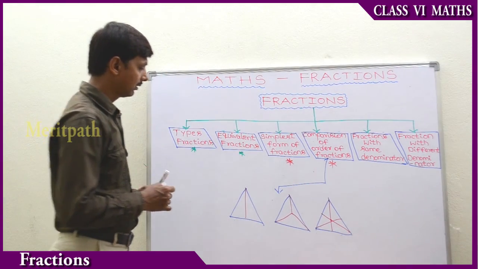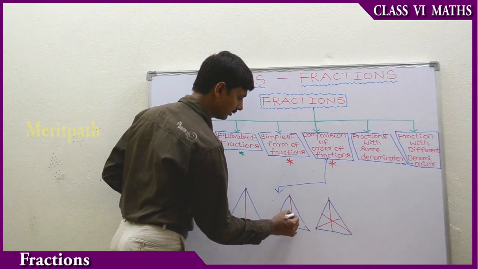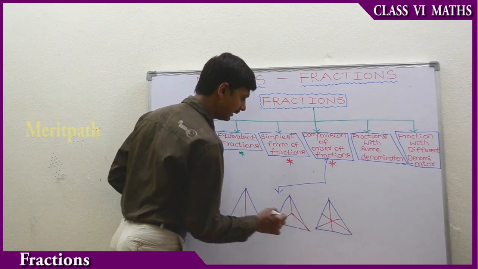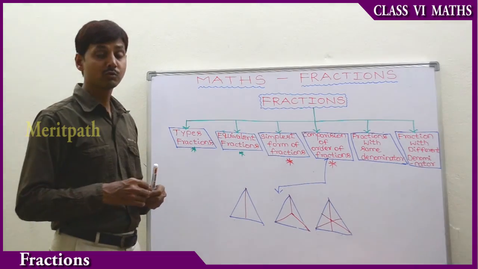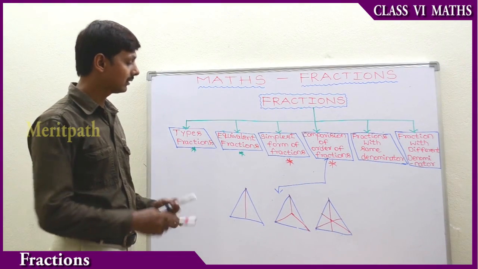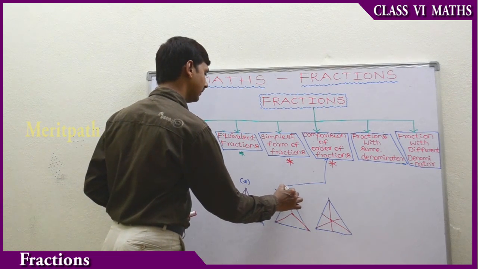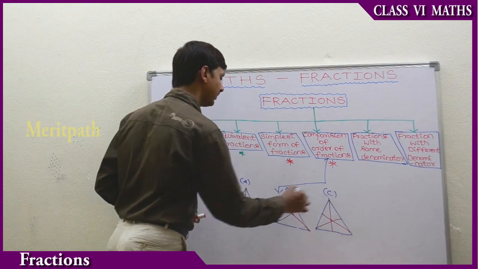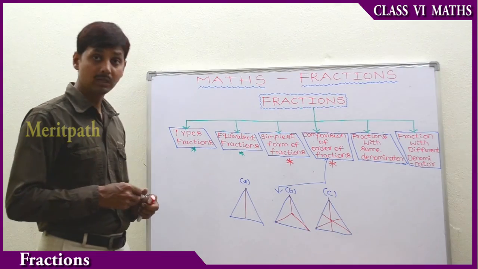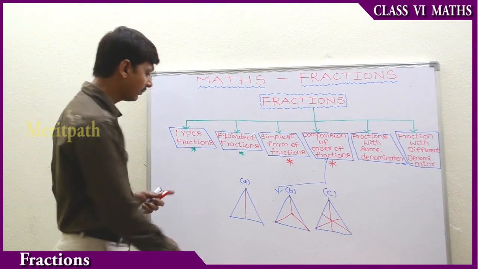So we have 3 triangles, and we divided these triangles into some parts. The first triangle we have divided into 2 parts, the second into 3 parts, and the third into 6 parts. Let us shade one part from each.